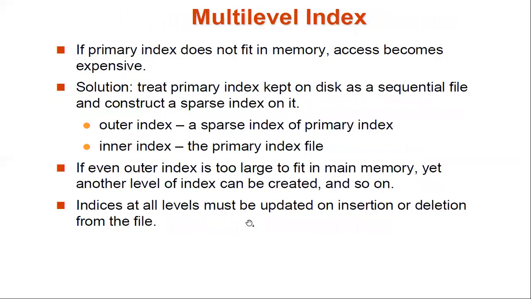And one more thing is we have the multi-level index. Suppose you go beyond one more level, then you get a multi-level index. There we have different types of indexes, that is inner index, outer index, outermost, innermost, something like that. If your file becomes too big, you can go for multi-level indexing.